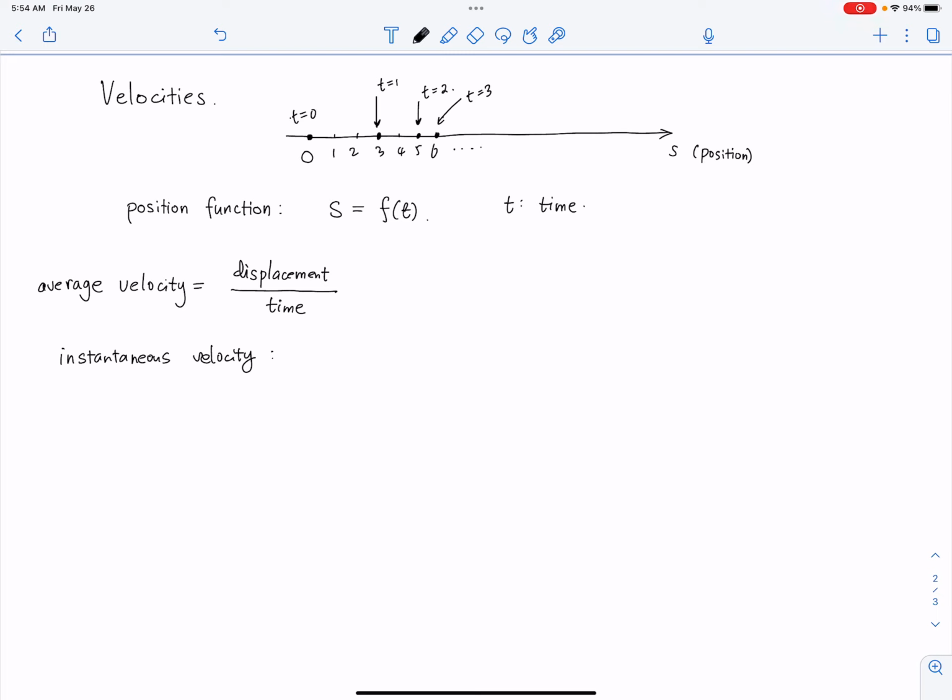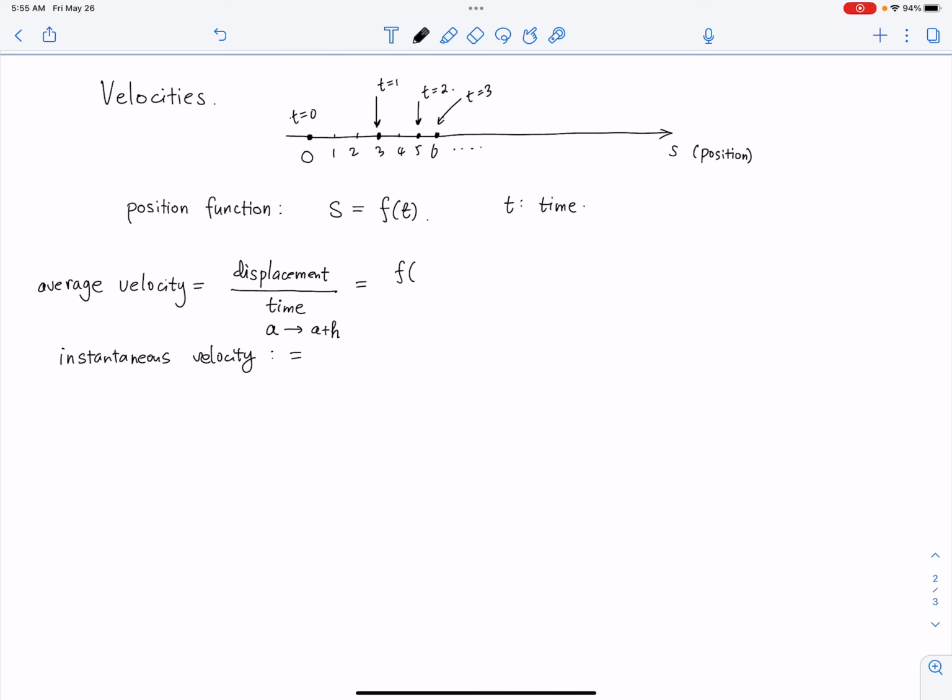And instantaneous velocity is defined to be a limit of the average velocity. So the average velocity here, you can define that to be the change in position on the top. So that will be your position between time, so let's say we start at time a, the starting time is a, the ending time is a plus h.